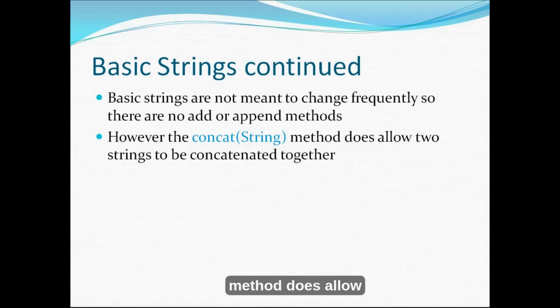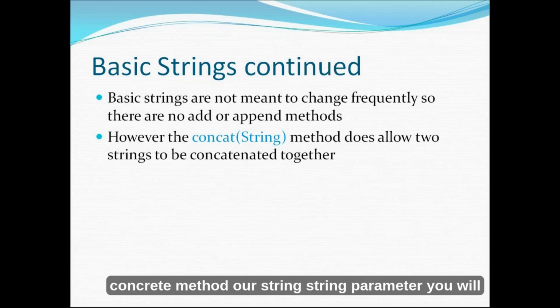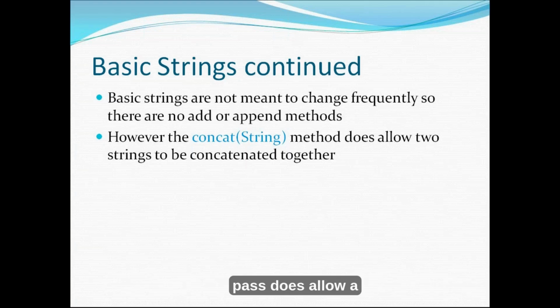The concat method does allow two strings to be concatenated together. For the concat method, you pass a string parameter. Concatenated together means just joined. Two strings can be joined using the concat method, so that concatenation will happen.